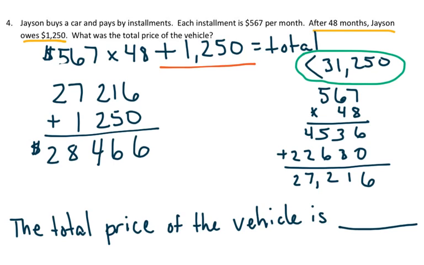And we have a total of 28,466, which is a realistic total for a car. Okay? Just remind the students, do not forget the second step here. A lot of them forget to add the 1,250.